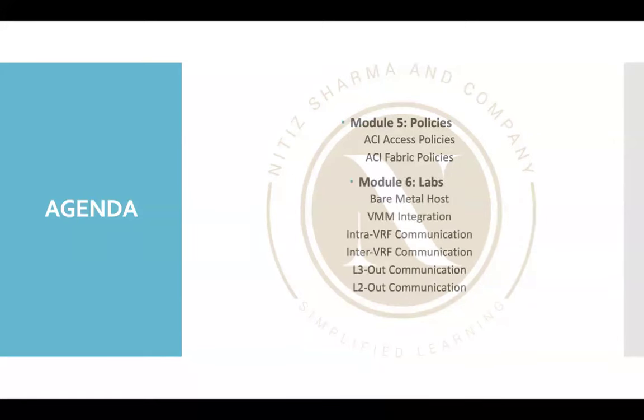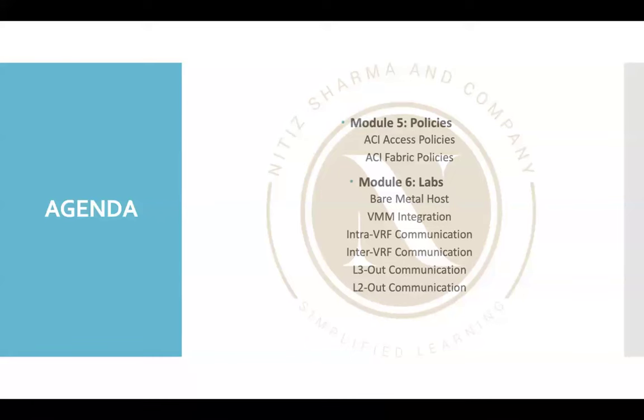And lastly, there are a couple of labs that we will be doing. So we have something called the bare metal lab. We will be integrating ACI with virtual environments so that you can use virtual machines as end hosts, as endpoints. Using these physical end hosts or virtual end hosts, how is it that you can establish communication within the same VRF, between VRFs, which is called inter VRF, intra VRF, L3 out, L2 out.